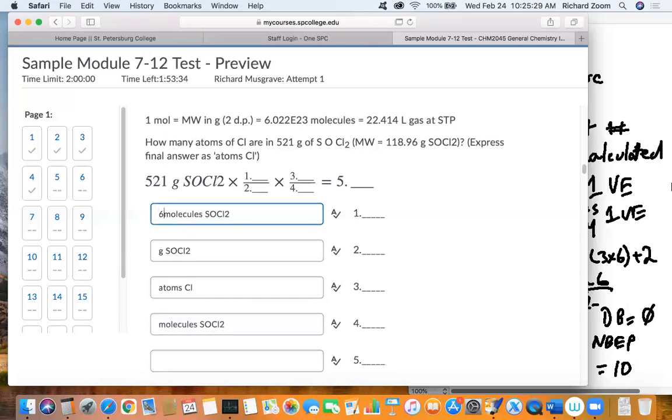So that goes up the top, 6.022 E23 molecules, and that equals the molecular weight, 118.96. The relationship between atoms of Cl and molecules of SOCl2: there are 2 atoms of Cl in every 1 molecule of SOCl2. Does anybody have any questions?